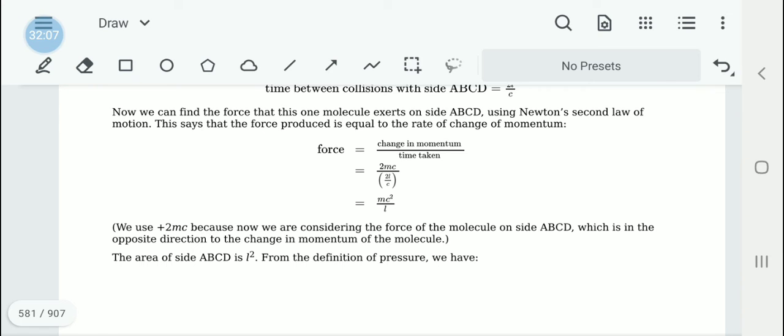As you can remember, earlier we discussed that because we are taking the opposite direction from ABCD, that is the opposite direction in the change of momentum of the molecule. Then 2mc divided by 2L divided by c gives mc squared upon L.